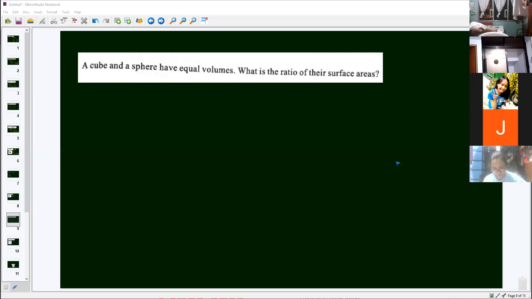Una-una, you know, a cube, the formula, the sphere, the formula, one has a pi in it, the other one has no pi in it.